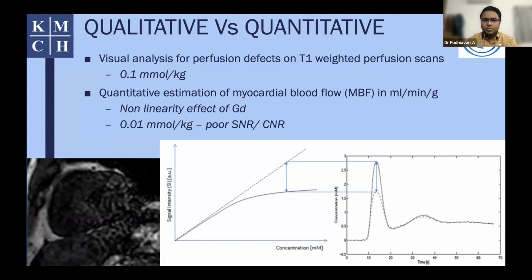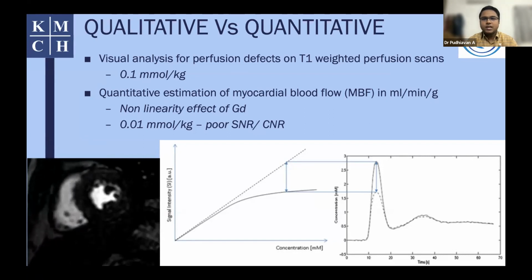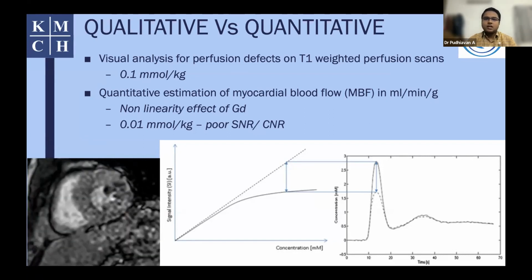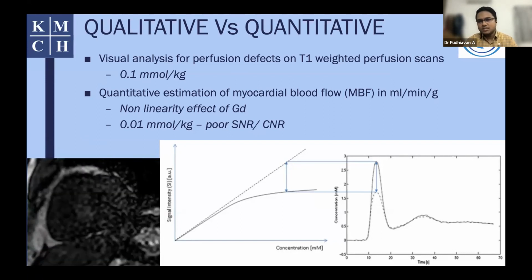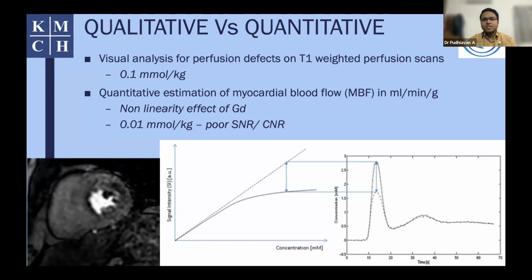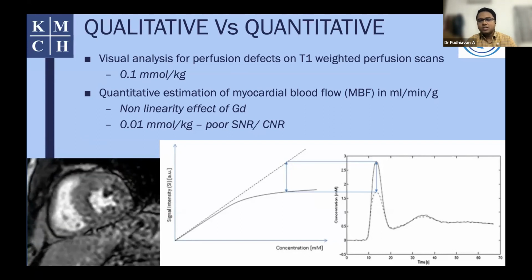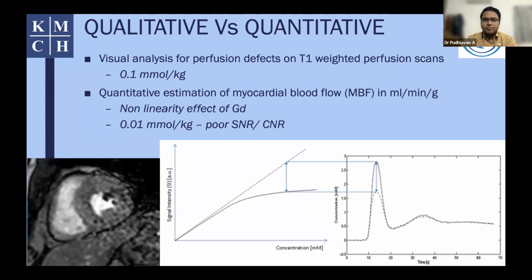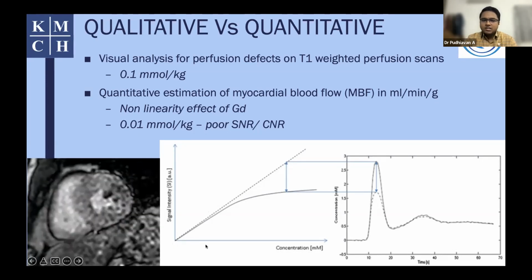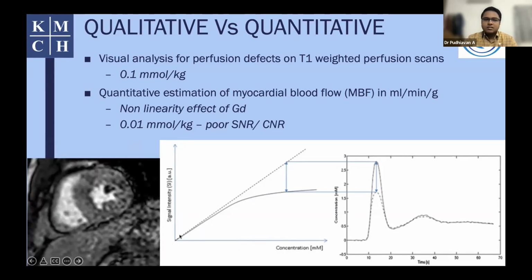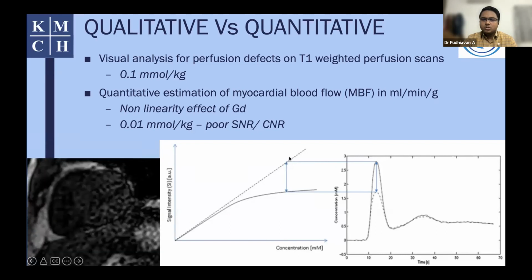The problem with doing a quantitative analysis with the arterial input function, especially with gadolinium contrast, is that there is a peculiar phenomenon that happens with gadolinium. Normally, we assume that when the concentration of gadolinium increases, the signal intensity of the image will also increase.